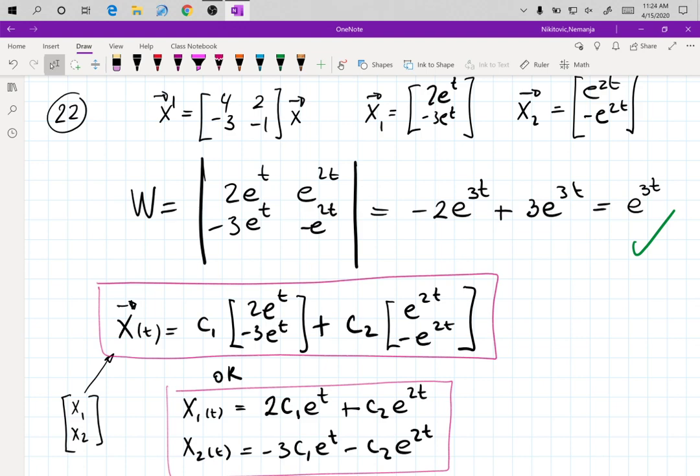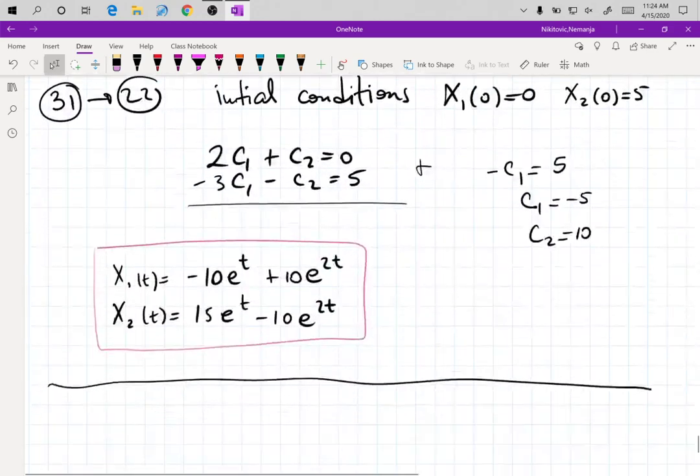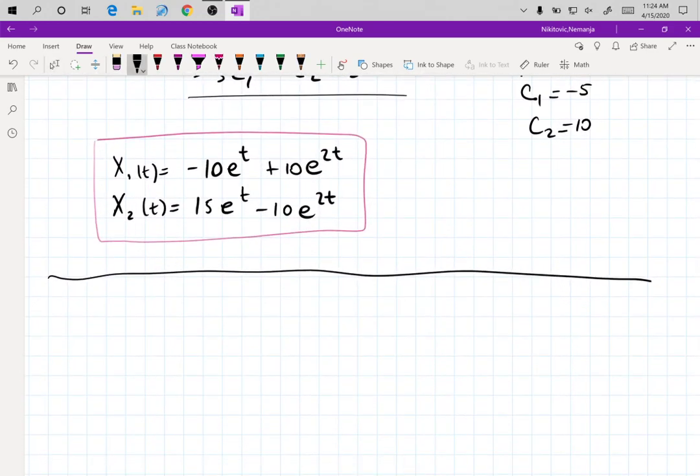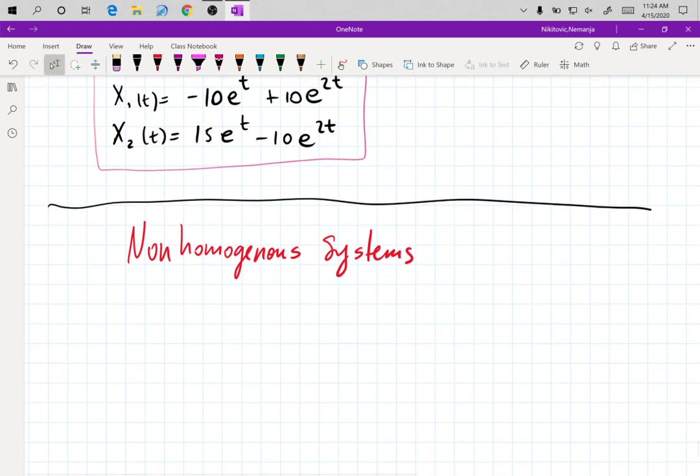So if you can squeeze in undetermined coefficients, sure. But if you can't, you have to work things out. Again, linear algebra will have its answers in that domain as well. So for non-homogeneous systems, we have our equation dx/dt is equal to the matrix P of t times x, and now plus f of t.